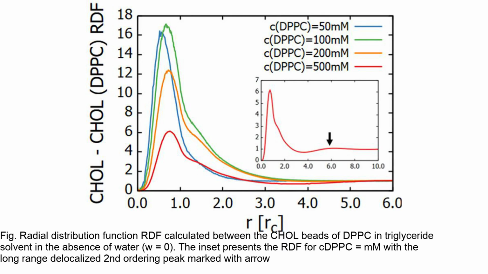Figure 5 in the paper shows the radial distribution function, RDF, calculated between the DPPC heads and surface beads, as well as between the DPPC tails and surface beads. This figure is significant as it provides information about the spatial distribution of the DPPC molecules with respect to the adsorbent surface.